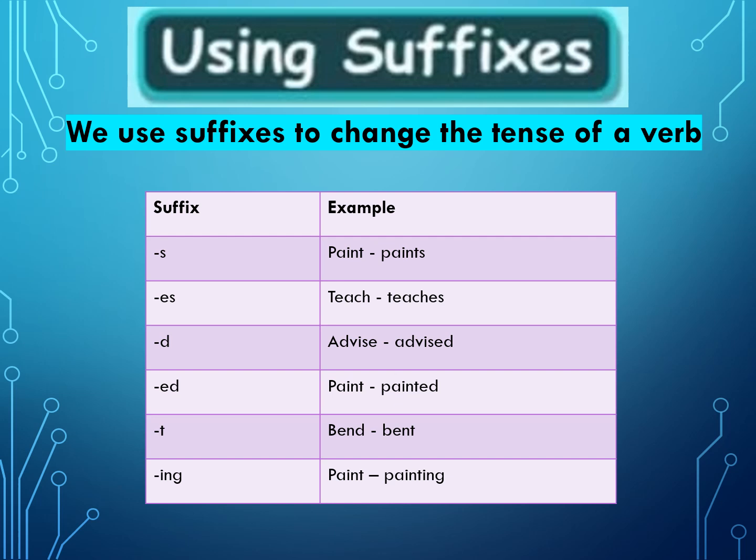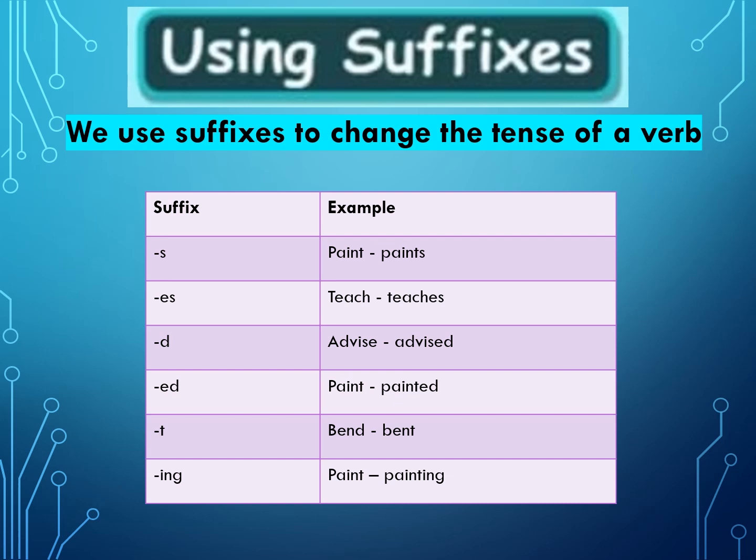The suffix es added to the verb peach changes it to its present tense. In the same way, the suffix d added to the verb advise changes it to its past tense.